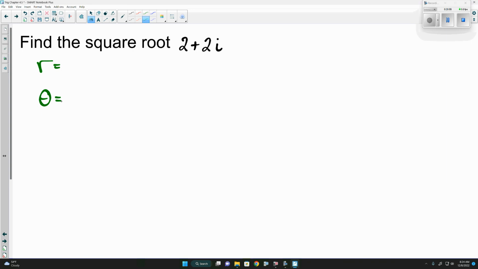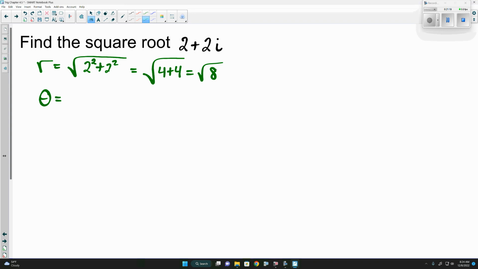Now, R is going to be our square root of 2 squared plus 2 squared. 2 squared is 4, 2 squared is 4, which gives us the square root of 8. Now, can this reduce? Yes.